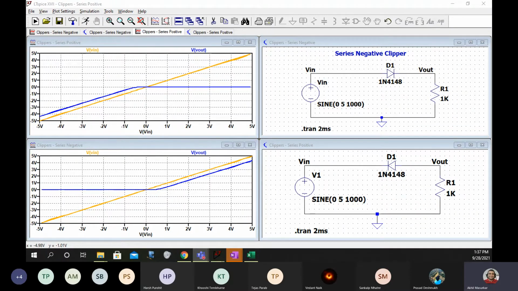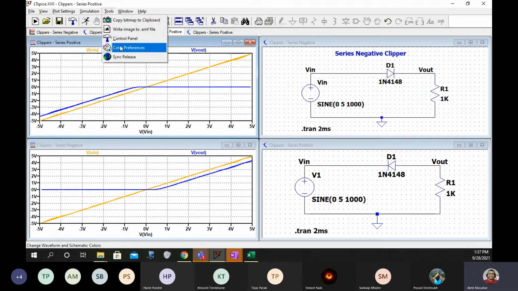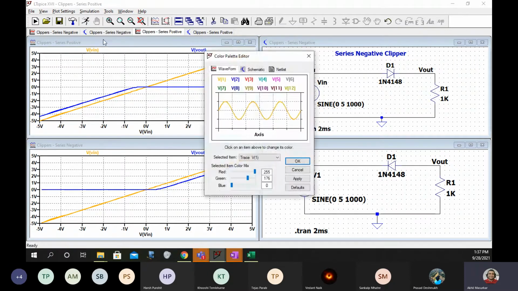One minute, let me check your output. No, it's not thin, it is because it is using that green color. So you can go to the color preference and here you can select which trace you want, and then you can increase its thickness.